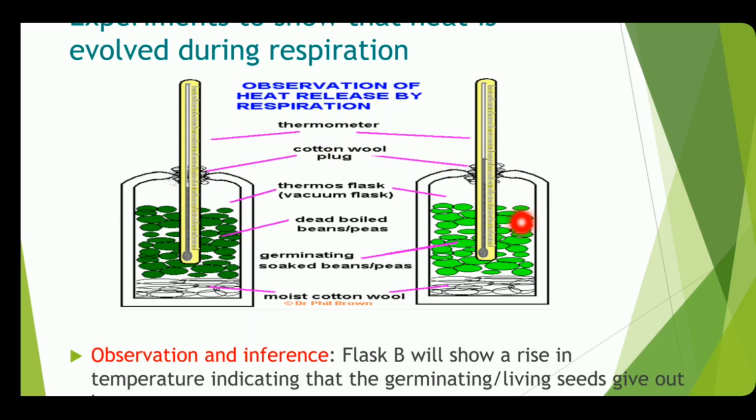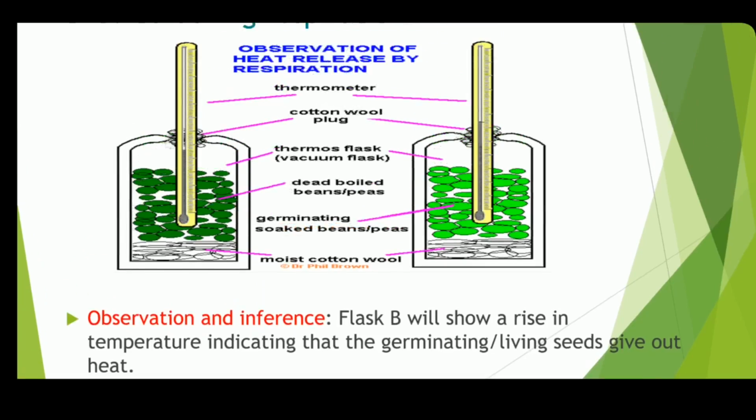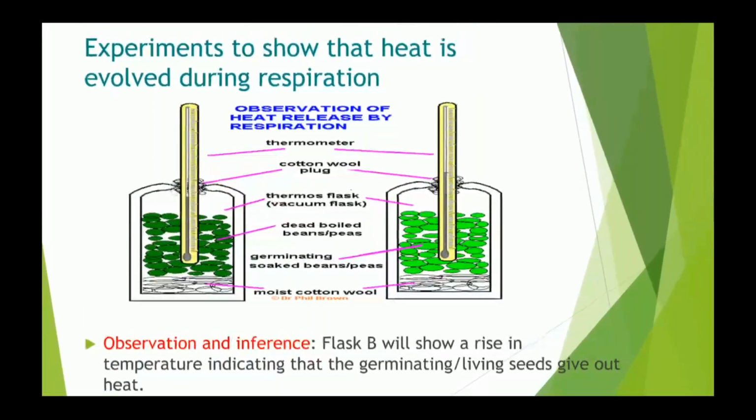So why has there been an increase in the temperature? Because in flask B there are germinating seeds. Germinating seeds are live seeds, and that's how they undergo respiration. And in respiration, heat is released. As I told you, energy is released, and that's why the temperature is increased. So this is our observation and inference.